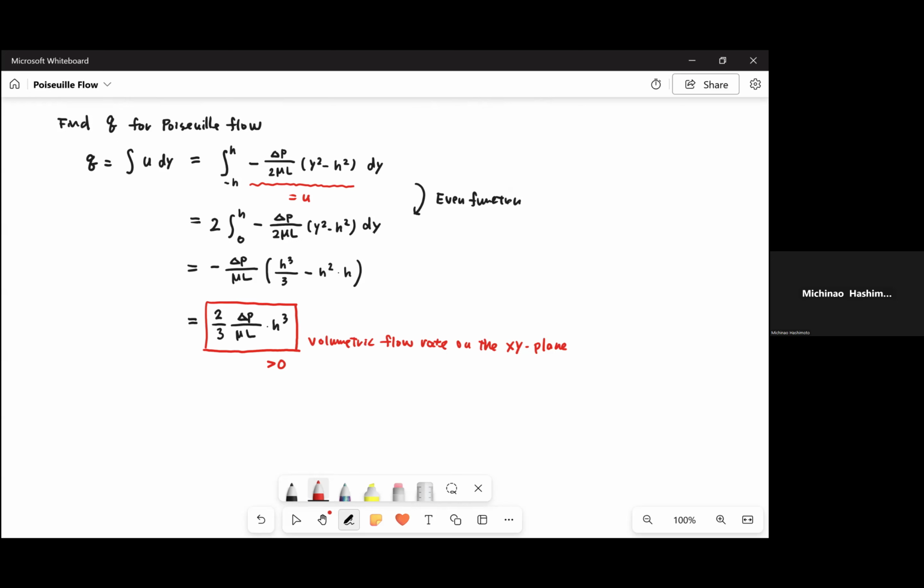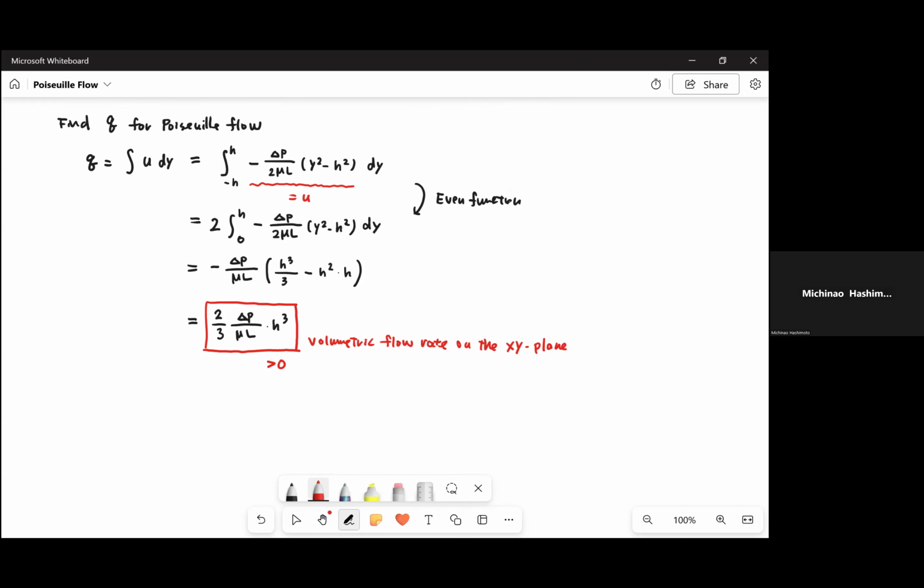This is a good way to check your answer. In any case, we have made a few additional comments regarding the velocity field, and the velocity field lets us calculate the volumetric flow rate, etc.